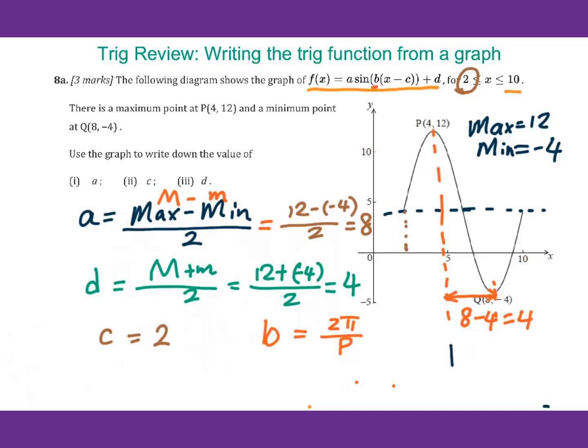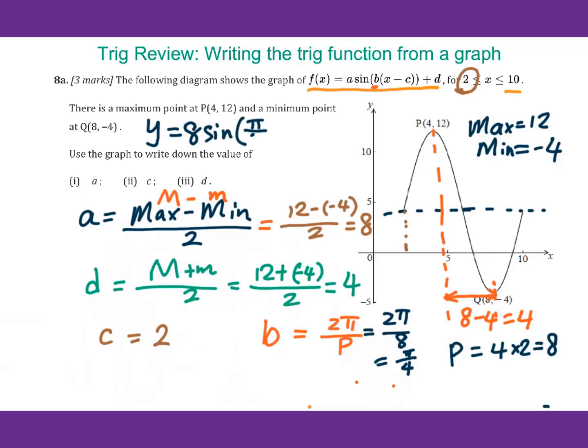Therefore, the period equals 4 times 2. That's 8. We plug in here, b equals 2 pi over 8. That's pi over 4. So we can write down y equals 8 sine of pi over 4 times x minus 2, then plus 4. This is the trig function.